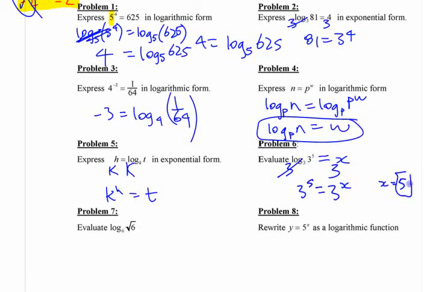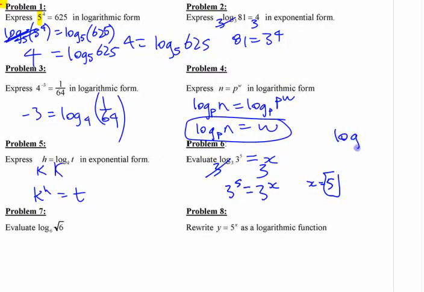So what you're looking for is 5. Or you could right from the start just see log base 3 of 3 to the x. These are inverse operations, that and that. They cancel each other out. Doing log base 3 of 3 to the power of is like saying square root of 2 squared. They cancel each other out.